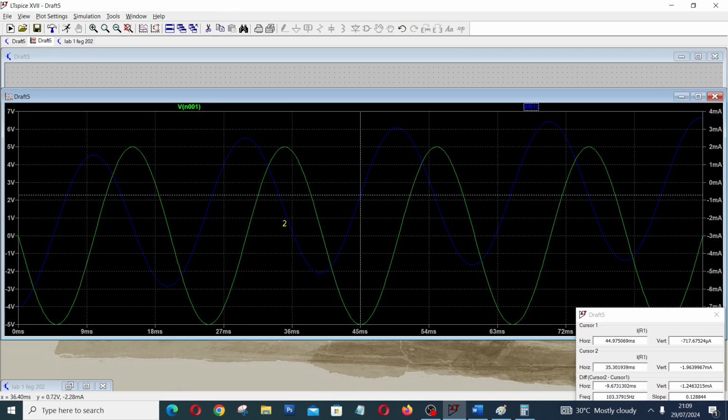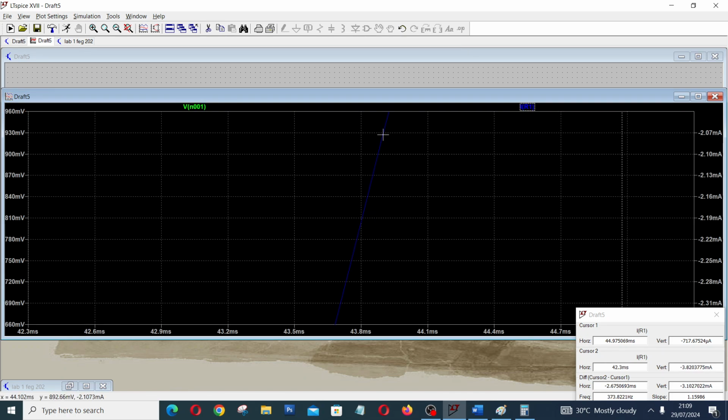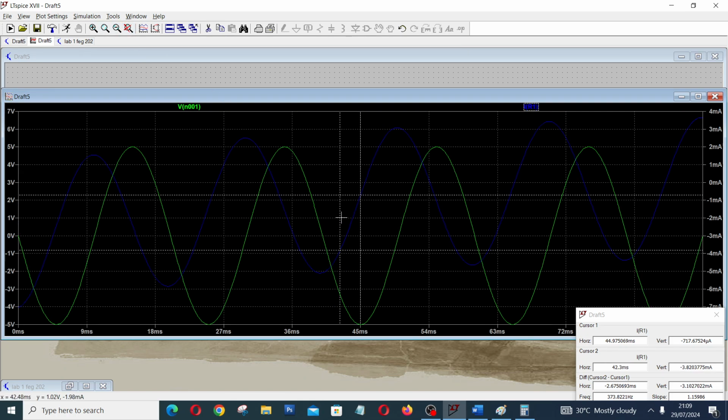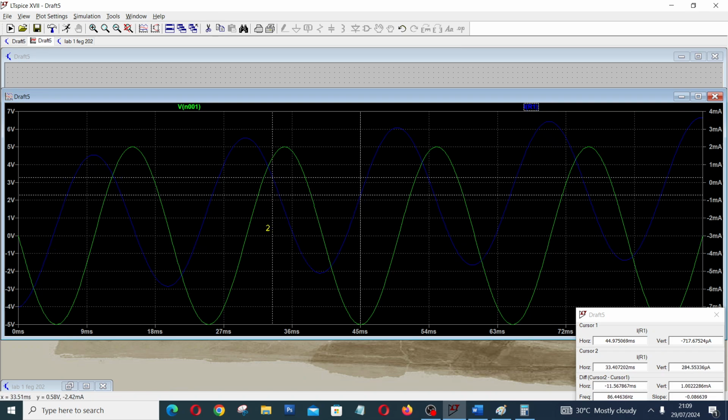This one is tracing the current. Then let this one be tracing the voltage.